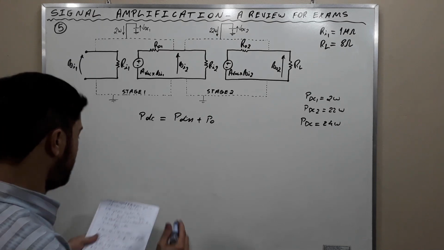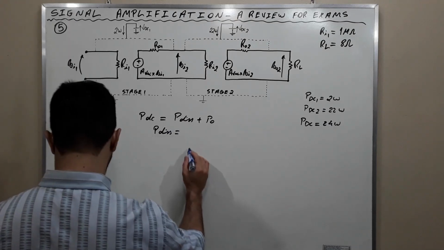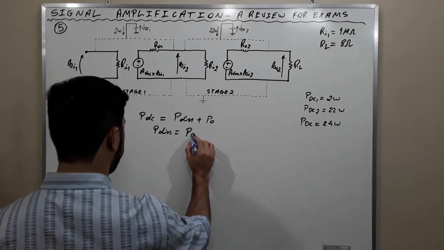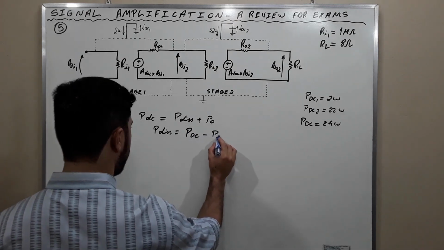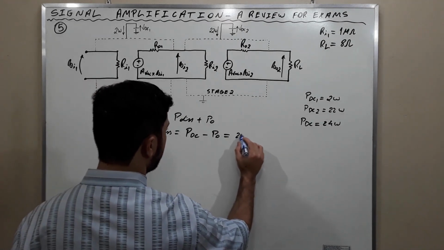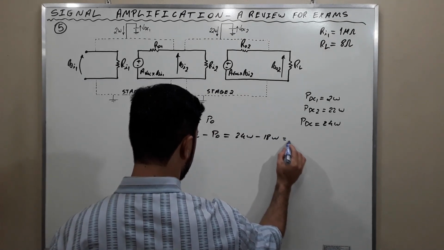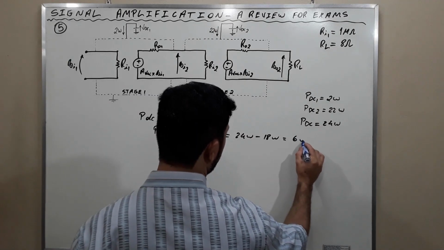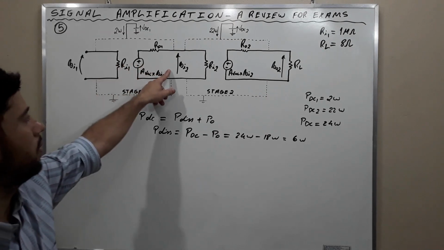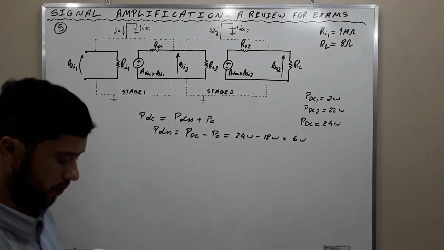And the dissipated power is therefore merely PDC minus PO, which is 24 watts minus 18 watts, which is equal to 6 watts. 6 watts is the power that is dissipated in the stages, stage 1, stage 2.